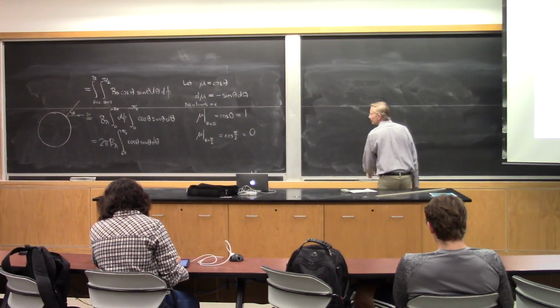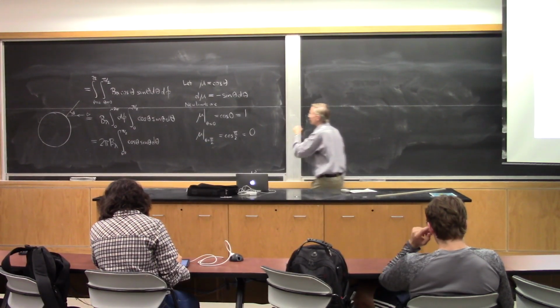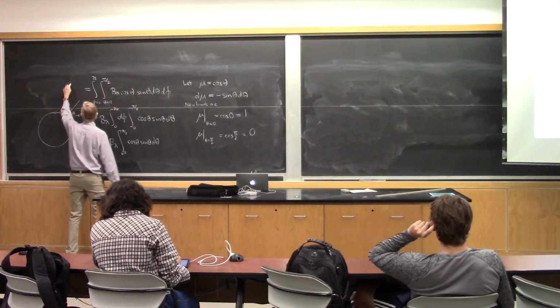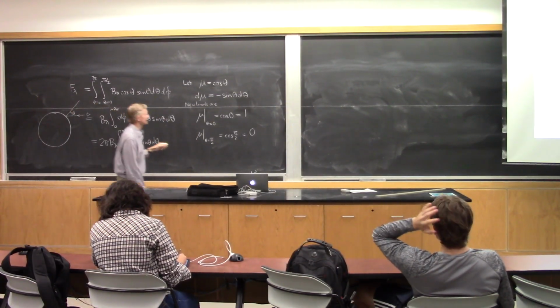And so when we do this integration by substitution and substitute for the limits as well, we get that F lambda, which is what we're trying to find here. So notice, this was F lambda.